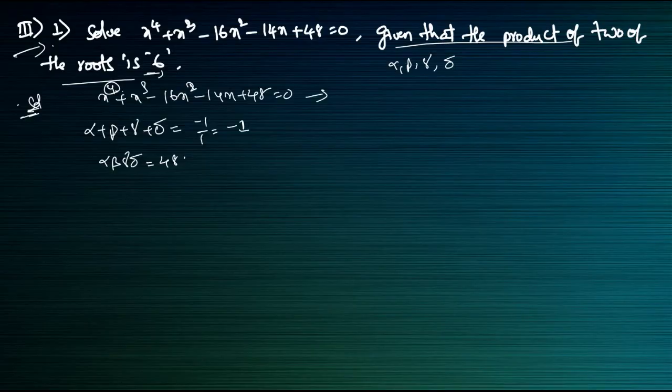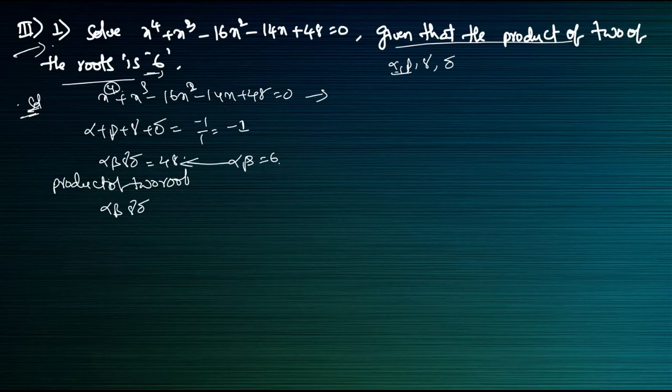Now the product of two roots is given. So take alpha into beta, the first root into the second root, which is equal to 6. I will substitute this in alpha into beta, gamma into delta is equal to 48.